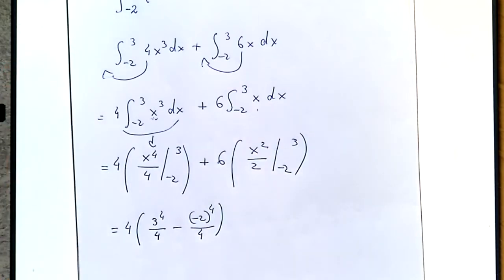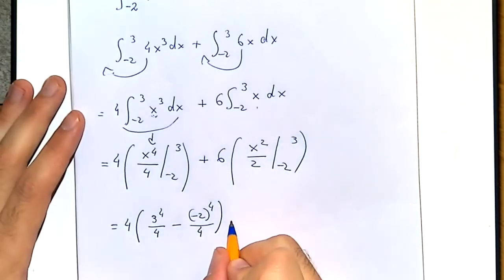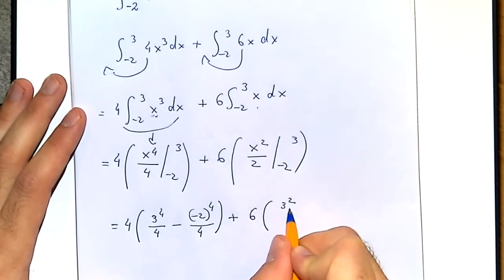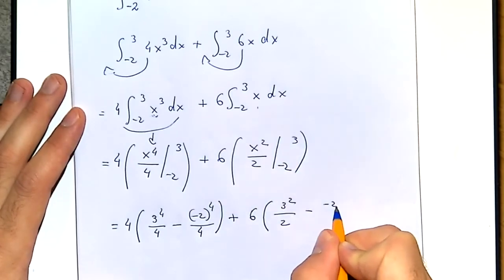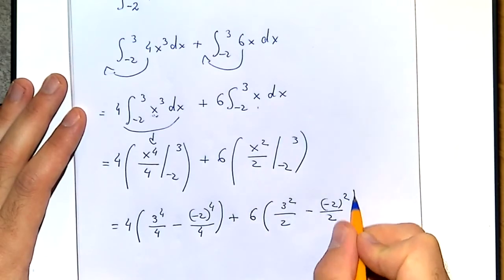Again, I said for indefinite integrals you don't care about the constant. There's no constant here, I'm just getting a number. Plus 6 times 3 squared over 2 minus (-2) squared over 2.